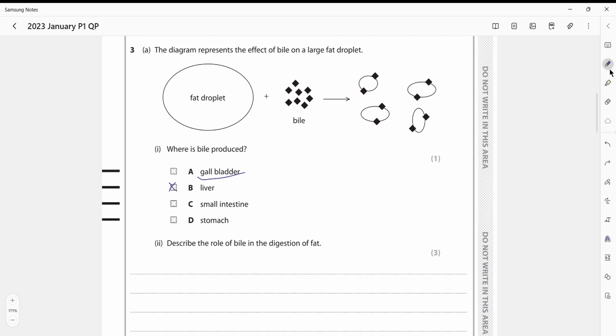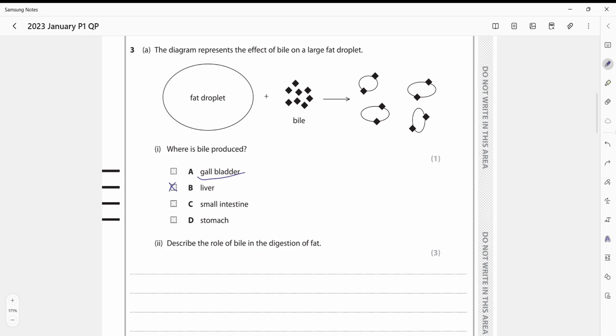So the bile is responsible for ensuring that the fat droplets are smaller. So you can see they're much smaller. And the reason why that's a good thing is that it increases the surface area for enzymes like lipase, which are enzymes that break down fat. So it increases the surface area for lipase to work on them. So that's one of the functions of bile.